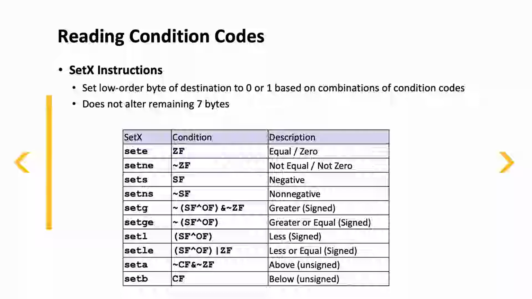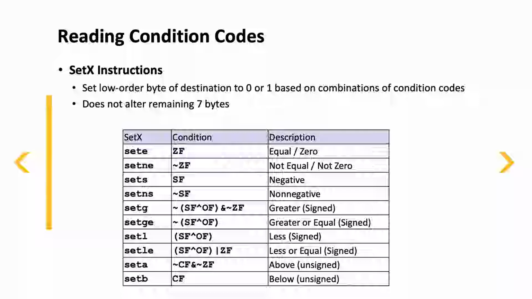Now, the way set works is by looking at the condition code to figure out whether it's going to set that byte to a 0 or set it to a 1. And that ends up being equivalent to a whole bunch of different comparisons that we might do. So if I'm comparing X and Y, right, and I use compare and I do X minus Y, well, the 0 flag is going to be set if they're equal to each other.